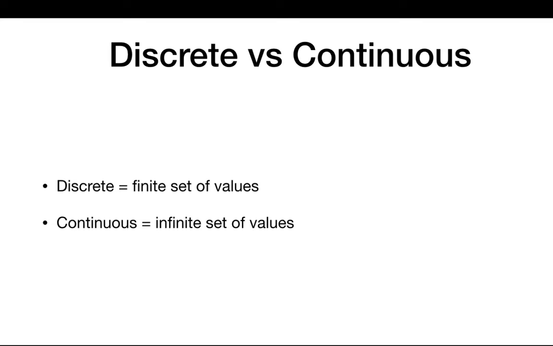If the set of possible values is infinite, an attribute is countably infinite, but the values can be placed in one-to-one correspondence with natural numbers. It is continuous if an attribute is not discrete. In literature, the terms numeric attribute and continuous attribute are frequently used interchangeably.